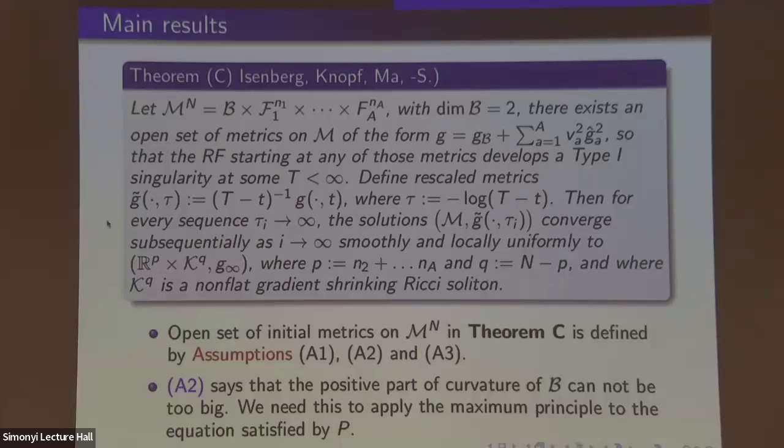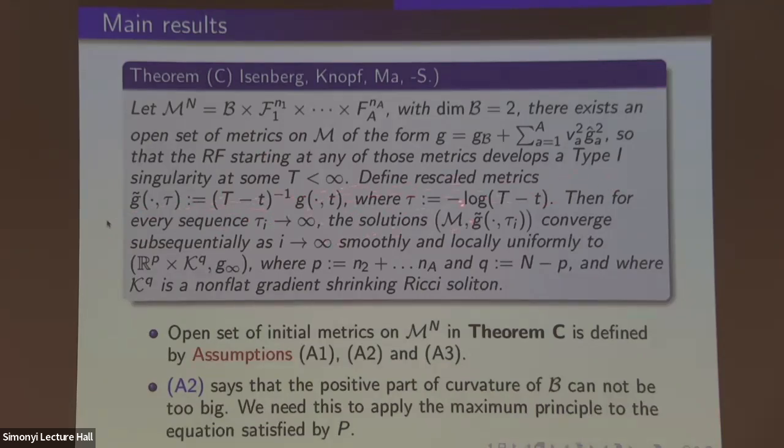And then if you define these parabolic rescalings, the rescalings that I have on the slide, these are the rescalings that you do in the case you have a type 1 singularity. So you just parabolically rescale the flow like this.